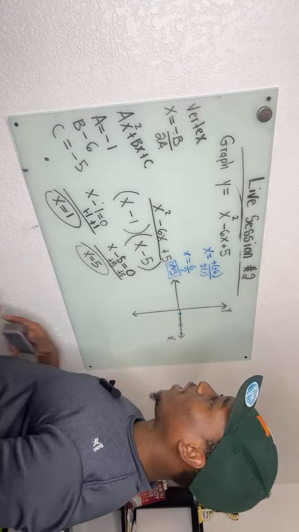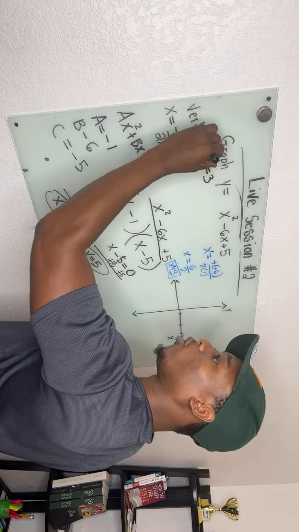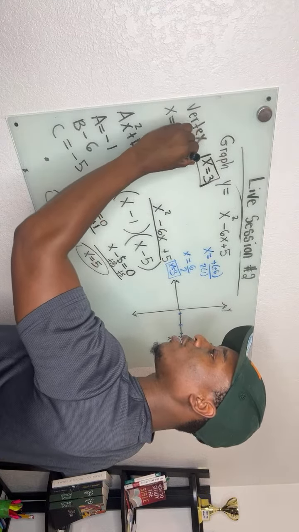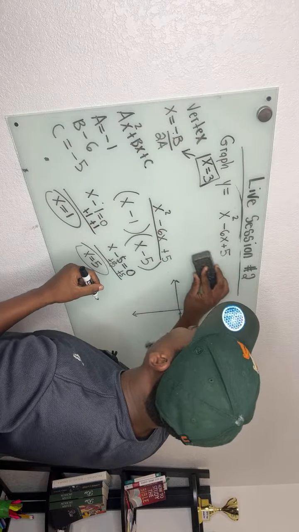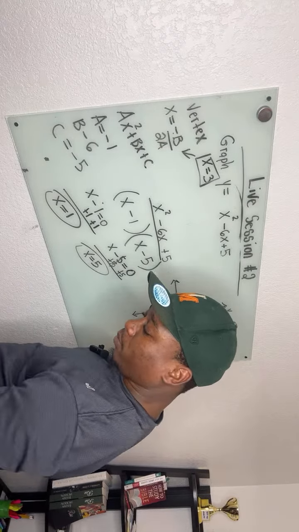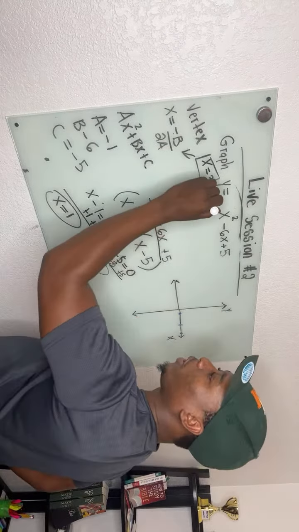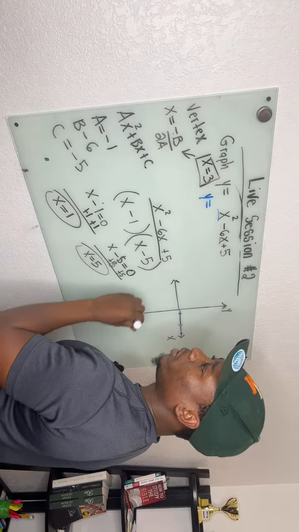Let's just erase and put x is equal to 3 right here. We already did the vertex, so we know x is equal to 3. Now we want to focus on what happens when I plug 3 in for x. So now we have y is equal to, and everywhere I see x, I'm going to put in 3.